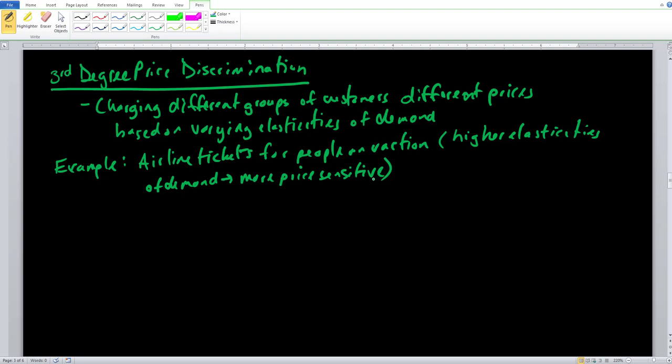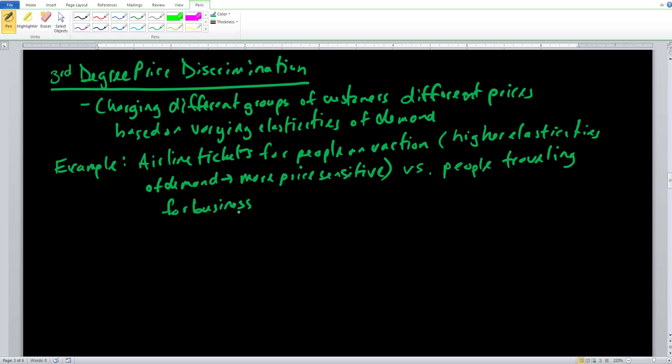That's something we're going to see when we compare it to business travelers. So airline tickets for people on vacation versus people traveling for business. Remember, business travelers are very inelastic. They are very price insensitive because they have to have this flight. They have to have a ticket. They need to go to their meeting, wherever it may be.